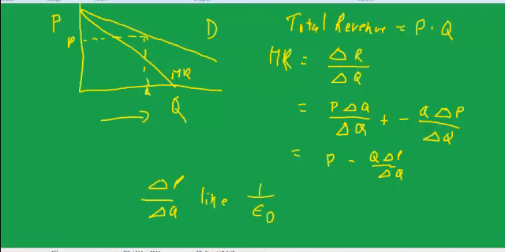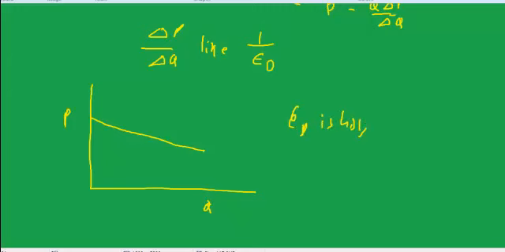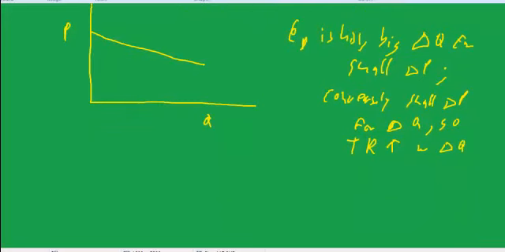When the elasticity of demand is high, you get a big delta Q for small delta P. Conversely, you get a small delta P for a given delta Q, and so your total revenue tends to go up with delta Q. Or another way of putting it is marginal revenue is greater than 0.